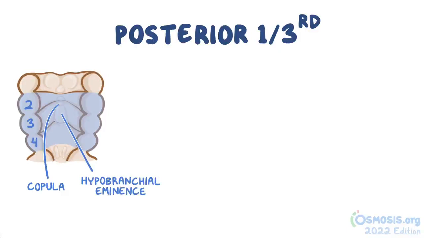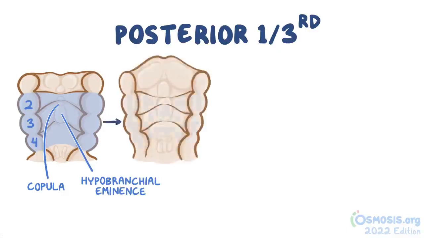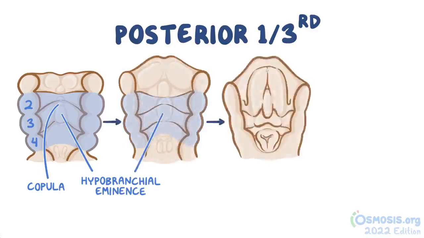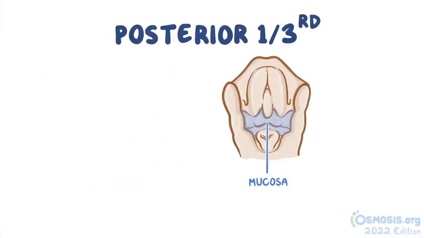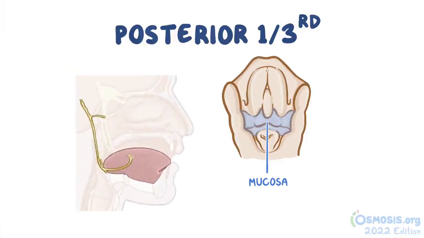In the following weeks, the hypobranchial eminence begins to grow upwards, and along the way it grows over the copula. The hypobranchial eminence then goes on to become the mucosa over the posterior 1/3 of the tongue, which grows upwards and fuses with the anterior portion, forming the complete tongue. The mucosa overlying this area of the tongue receives its sensory innervation from the 9th cranial nerve, the glossopharyngeal nerve.